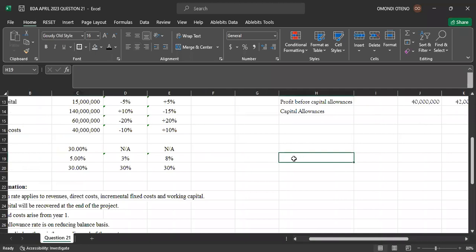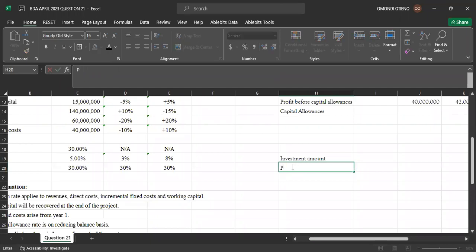So here we are going to have the investment amount that's supposed to be depreciated. First of all, we have purchase price or purchase cost.